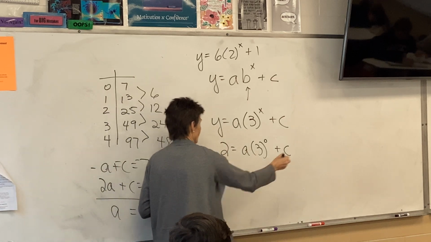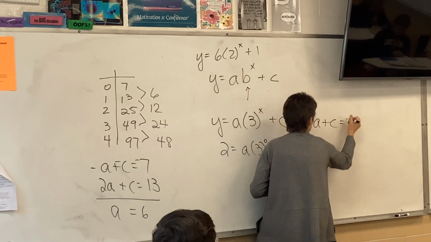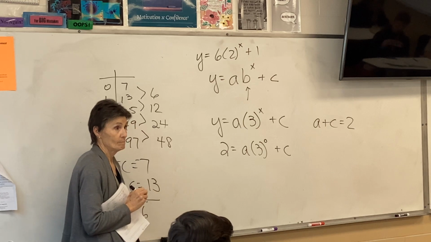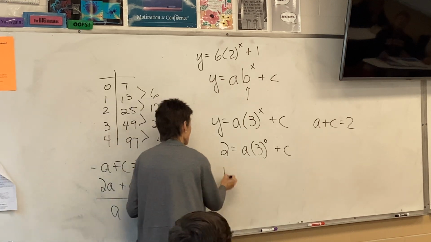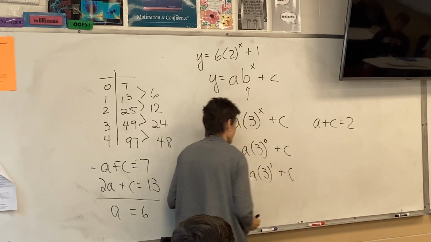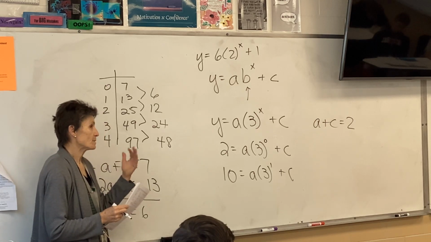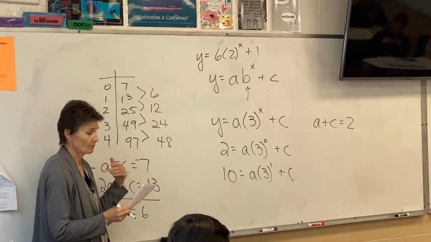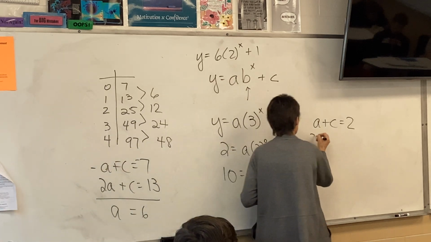What does that equation really say? a plus c equals 2. And now I'll use the next one. 10 equals a times 3 to the first plus c. You can use any of the points in the table. I'm just using the first 2 because the numbers are smaller. So 3a plus c equals 10.